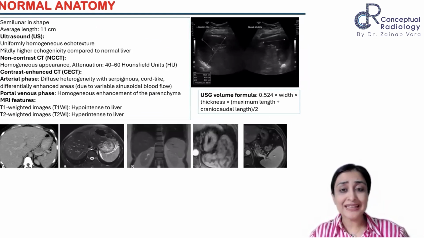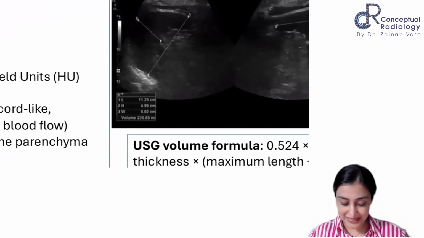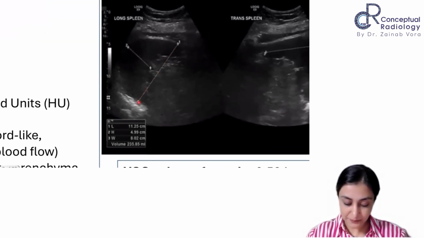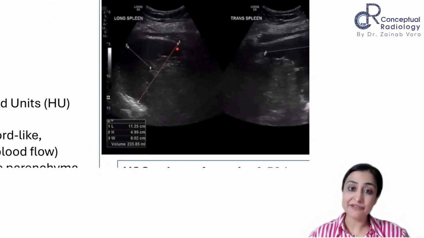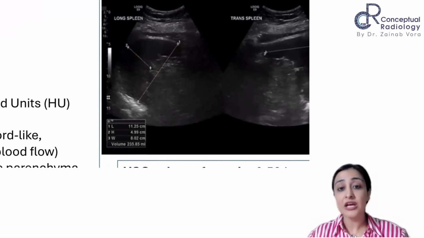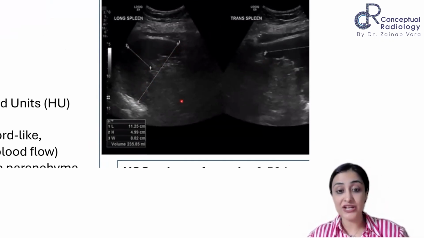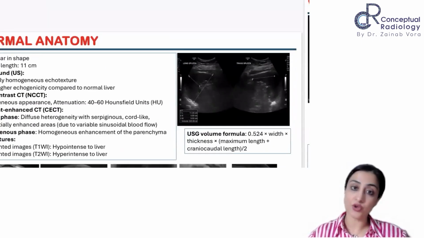Normally, we don't really calculate. We give one measurement, and that is this, right? This is the craniocaudal length that you have to give in almost every case if you are not giving the splenic volume. Splenic volume you will only give if it is definitely enlarged, right? So otherwise we don't mention any other dimension. We just mention the craniocaudal length in the longitudinal plane.